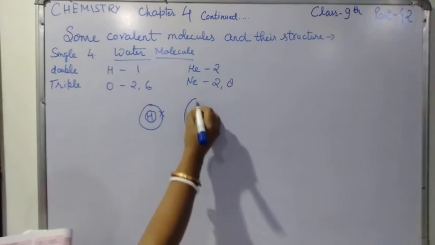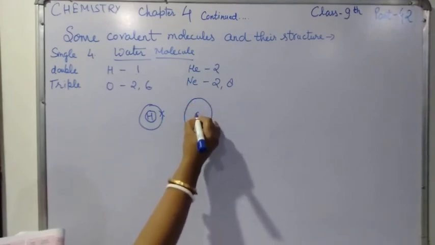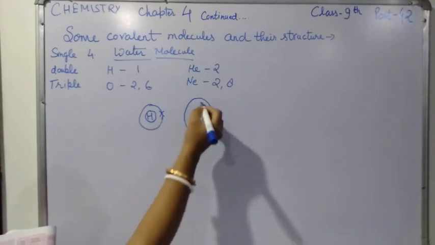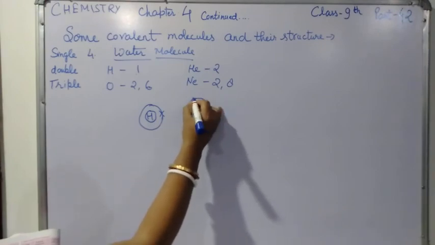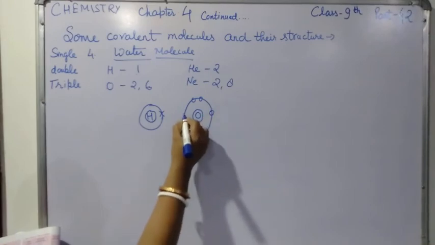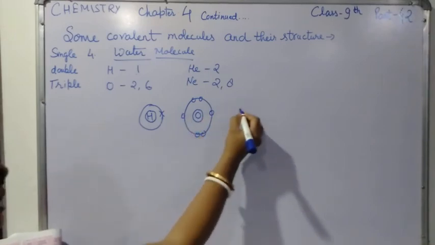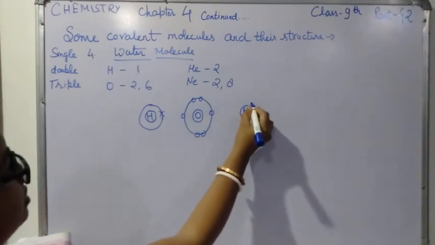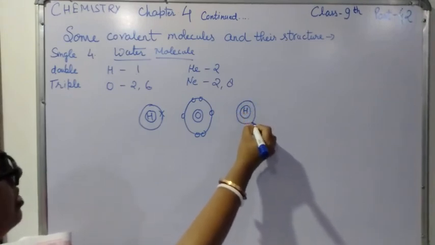Now in the center you have to draw the atom of oxygen, with 6 electrons in its outermost shell. Again you have to draw one atom of hydrogen, with 1 electron in its outermost shell.